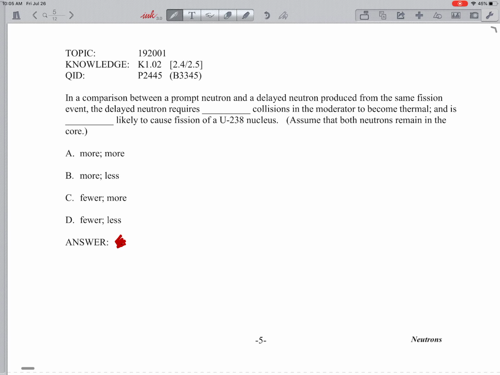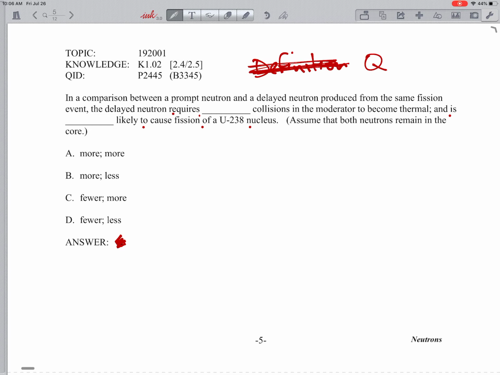In a comparison between a prompt neutron and a delayed neutron produced from the same fission event, the delayed neutron requires blank collisions in the moderator to become thermal, and is blank likely to cause the fission of a U-235 nucleus. I take that back.